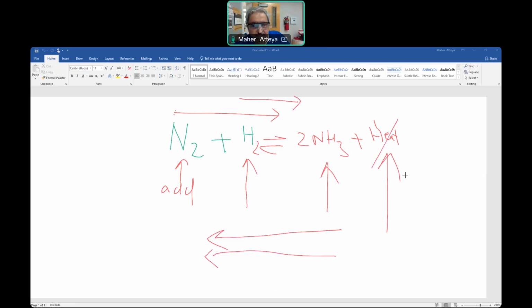If you remove the heat by cooling, then the right side is missing one of its components, so the shift will be which way? To the right. If you remove nitrogen, the left side will be missing something, so the shift will be which way? To the left.